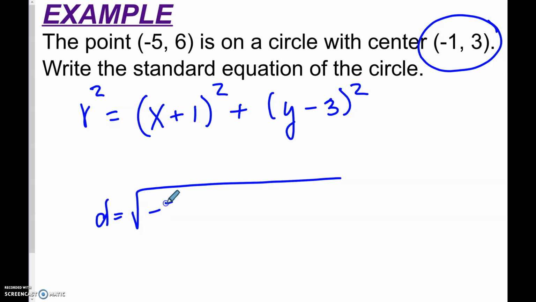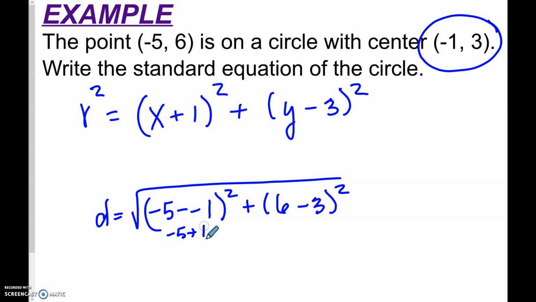So I'm going to have negative 5 minus a negative 1 plus 6 minus 3. So this minus a negative is going to turn into a plus 1. So we've got a negative 4, and negative 4 squared is 16. And 6 minus 3 is 3. 3 squared is 9.